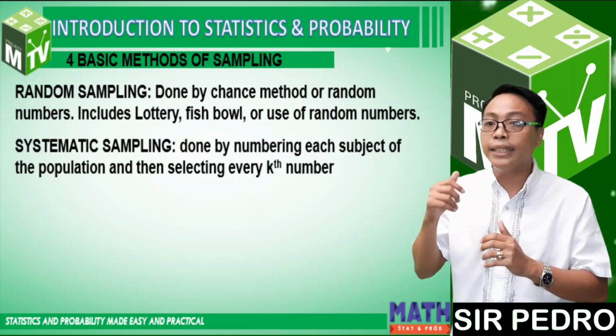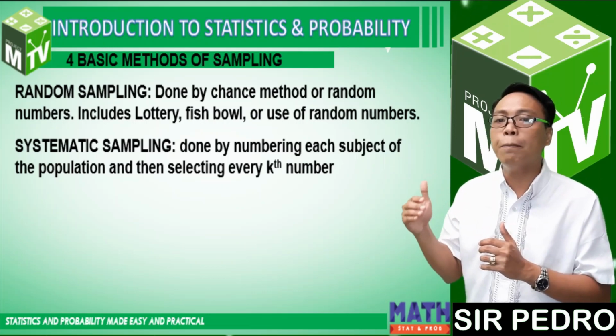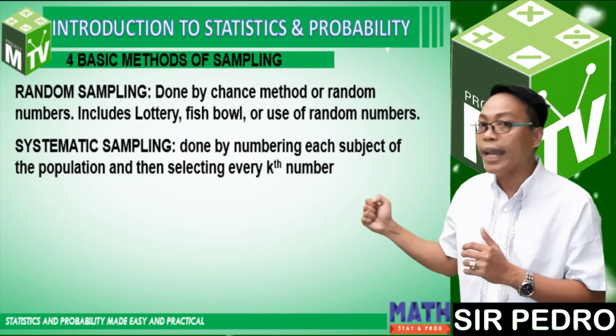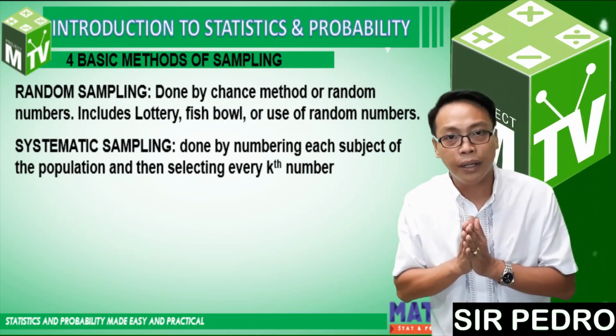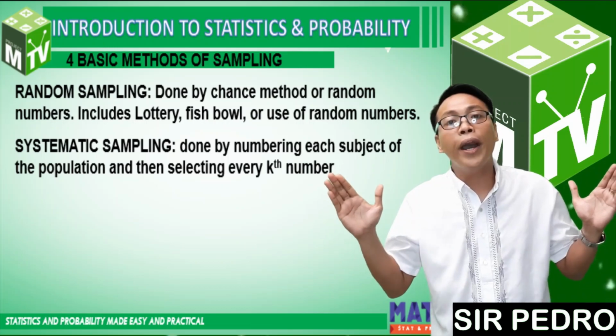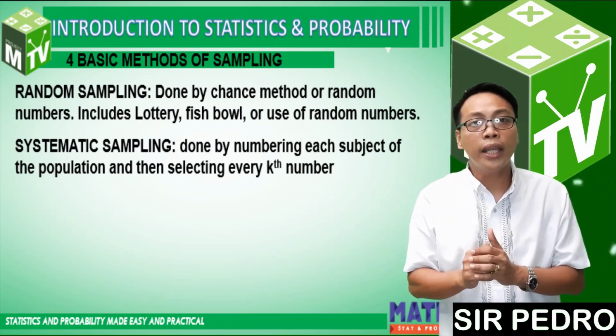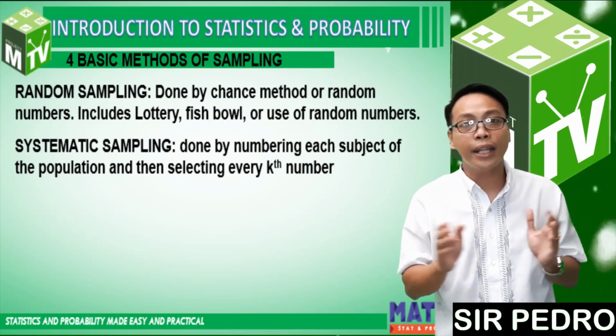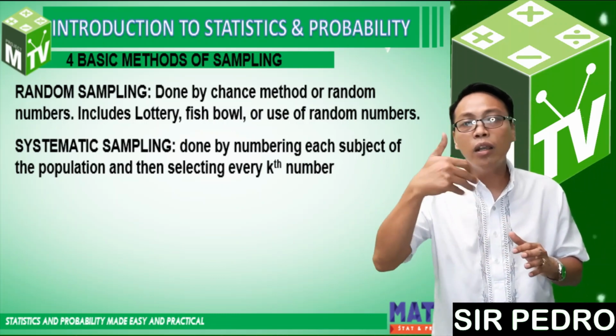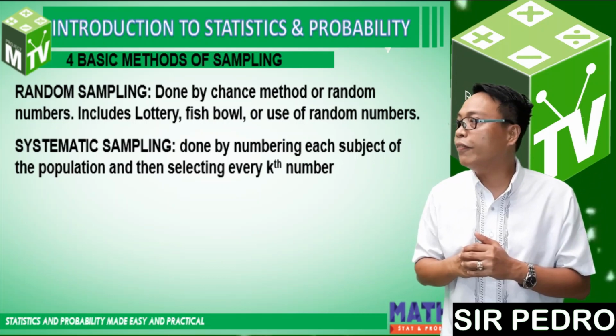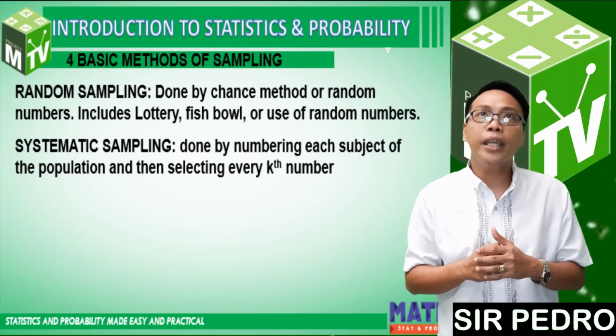We also have the systematic sampling. Systematic sampling is done by numbering each subject of the population and selecting the kth number. Assuming you have 100 population and you are to get 20 from the 100 population. So think of the number. Think of a number, say K. K equal to 8.